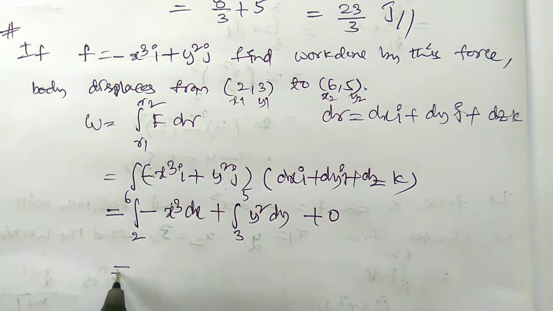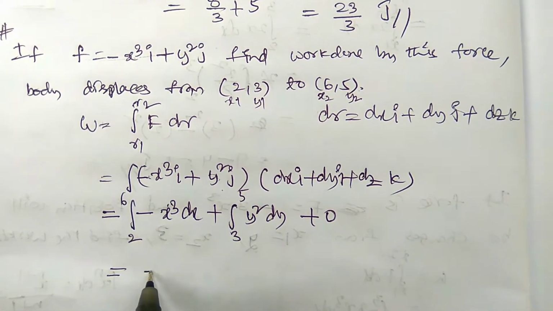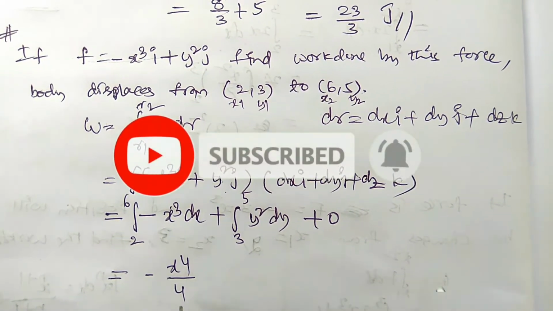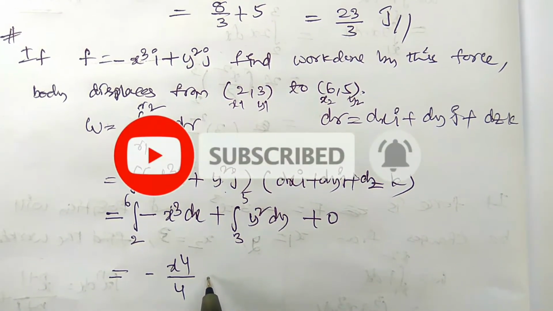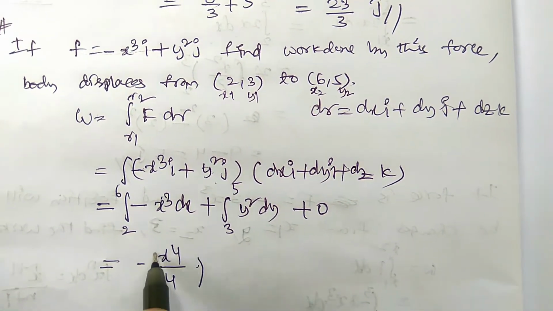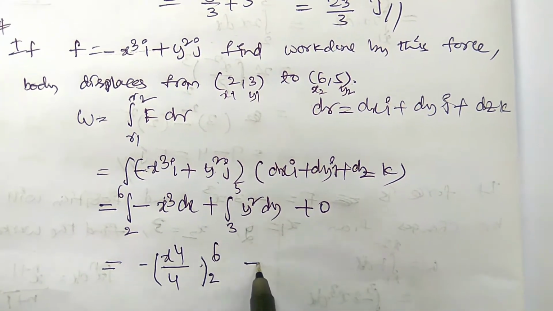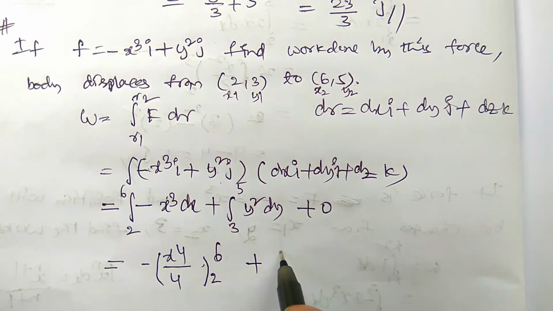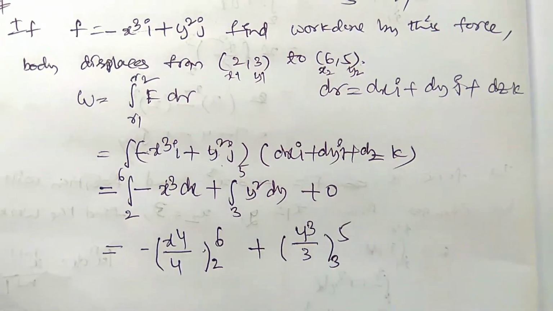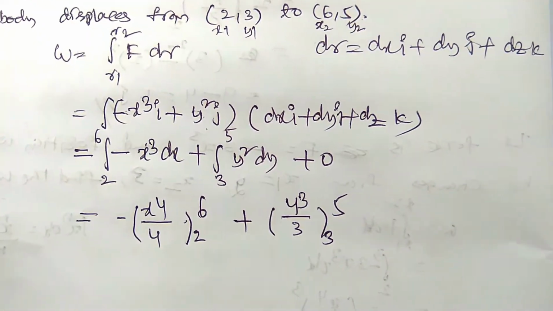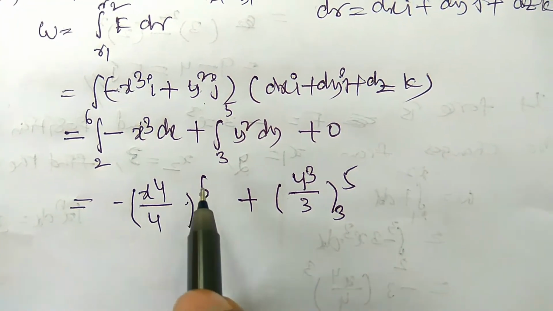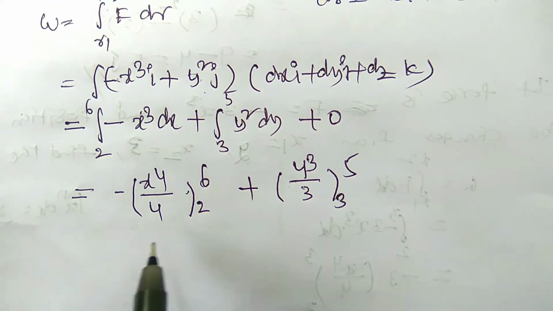So it can be written as minus x power 4 by 4 from 2 to 6, plus y cube by 3 from 3 to 5. So you can multiply and add, then you can get the total work done by applying the upper and lower limits.